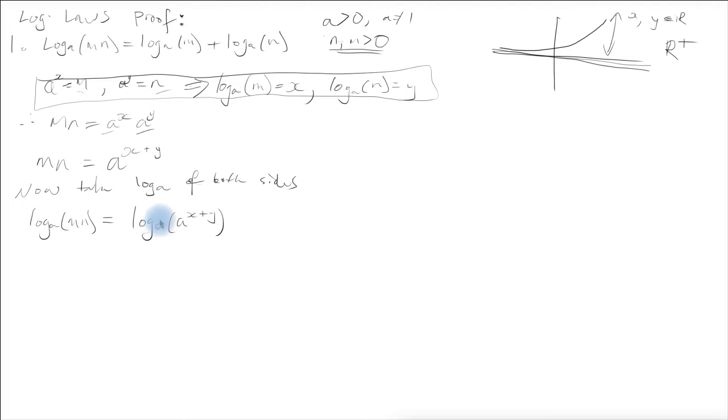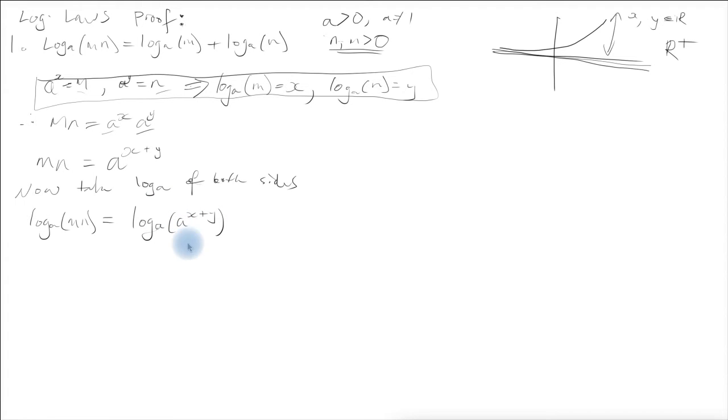Now here we know that basically the definition of a log is that if our base is the same as this, then our answer is this thing here up the top. How do we explain this in other words? Well, just because the log is the thing that undoes an exponential. I guess that's the best way to say it.